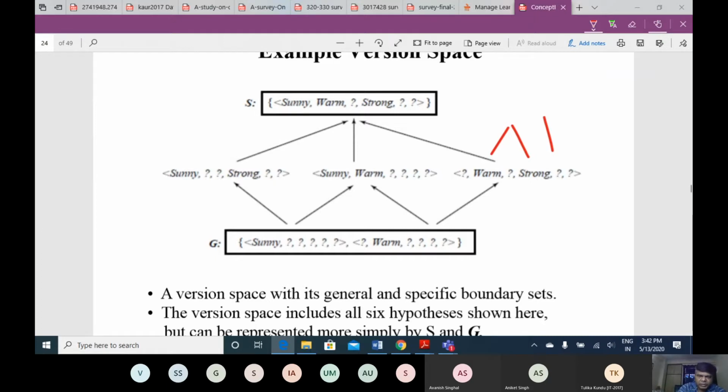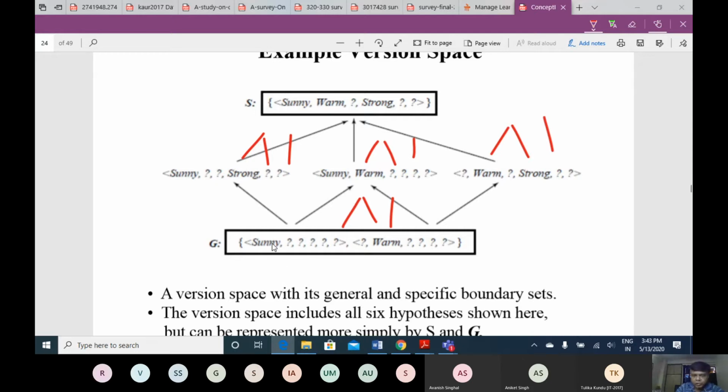If a particular hypothesis is greater than or equal to another hypothesis, that means it is more general. So these are all general, so these are all greater than or equal to this. This is greater than this, greater than this, greater than this, and this is greatest. Okay, this is the most general.